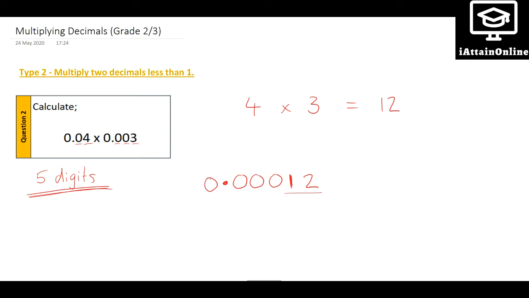So this one here, remember you also need to put a 0 under the units column. So the answer to 0.04 times 0.003 is 0.00012, and that's your answer to that one.